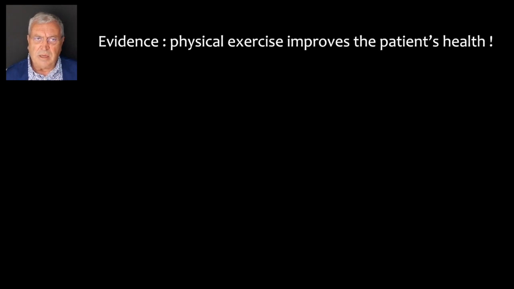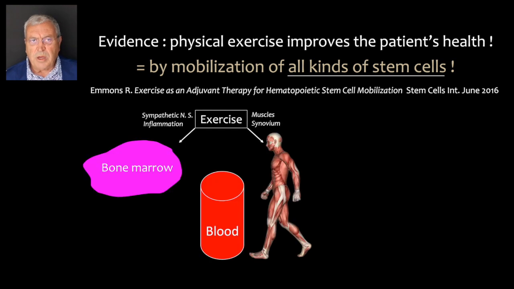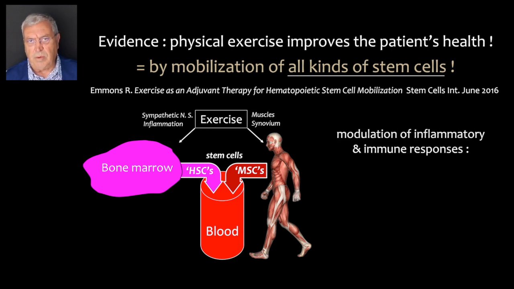Today, there is an evidence. Physical exercise improves the patient's health by mobilization of all kinds of stem cells. When we do exercise through the sympathetic nerve system, we stimulate the bone marrow, and through the muscles and the synovium, we organize the release of hematopoietic and mesenchymal stem cells going into the blood in order to modulate inflammatory and immune response.